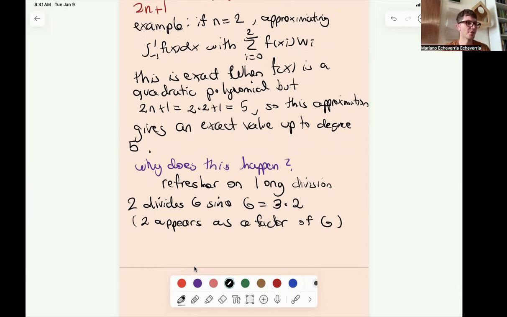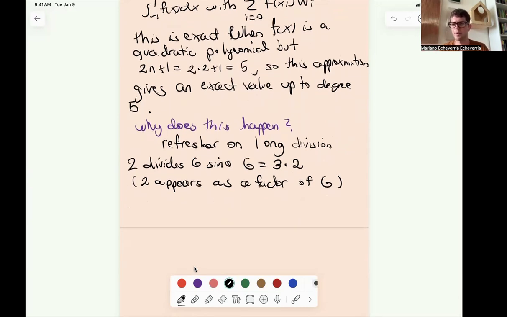Now there's something similar you can do with polynomials, which you may or may not have seen before. For example, you could say that x squared plus 1 divides x cubed plus x. Why?